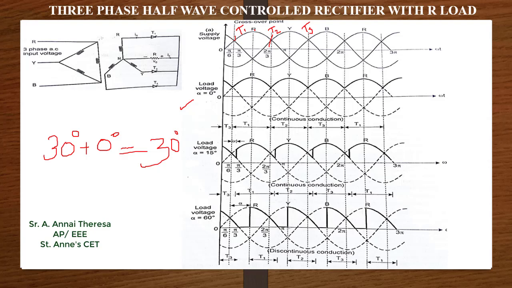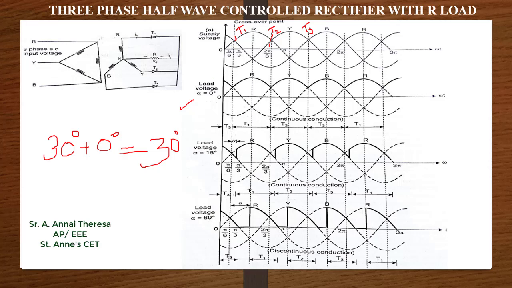Now we are considering alpha equal to 0. Basically the minimum angle is 30 degrees, that is pi by 6, which means 180 by 6, 30 degrees. With that 30 degrees we have to add this 0 degree, so 30 plus 0 is 30 degrees.